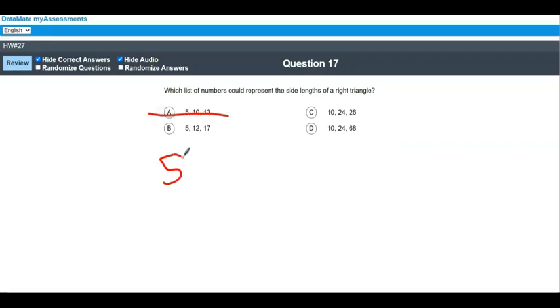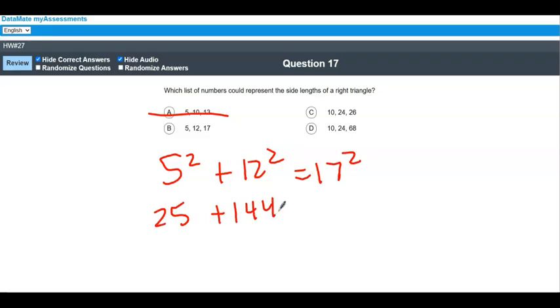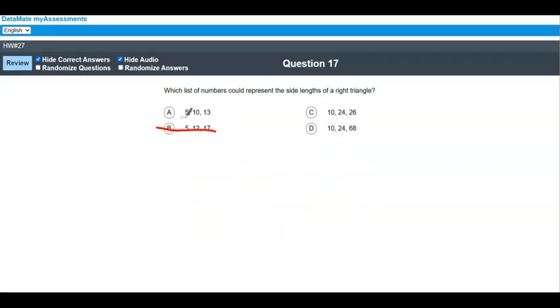Let's try B. Is 5 squared plus 12 squared equal to 17 squared? Is 25 plus 144 equal to, I needed a calculator for 17 squared, and this will give us 169 equals 289. That is not true. So that means this one is out.